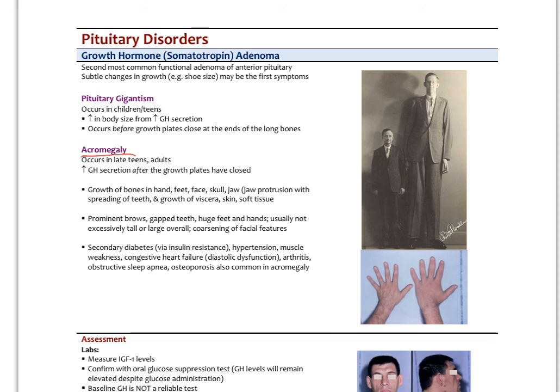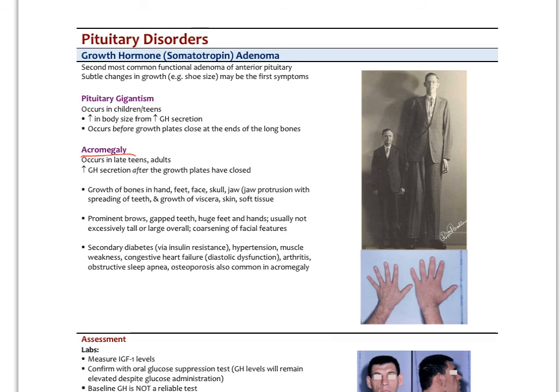Maybe jaw protrusion with spreading of teeth. Growth in the viscera, skin, and soft tissue. Prominent brows, again, the gapped teeth, maybe really large hands and feet. Usually not necessarily excessively tall or large overall, and maybe a coarsening of the facial features.